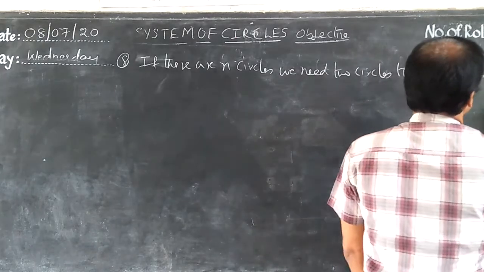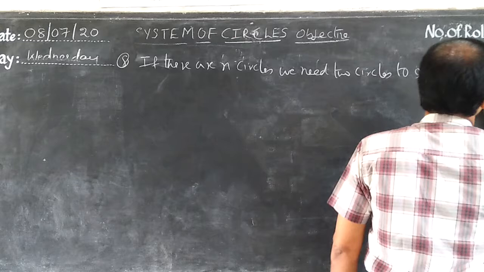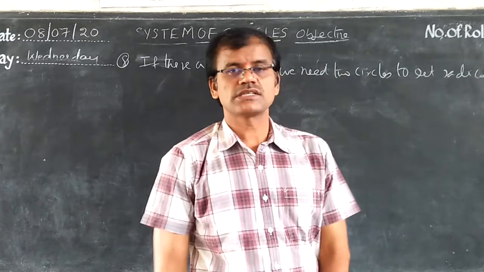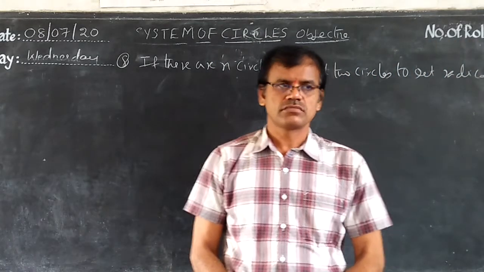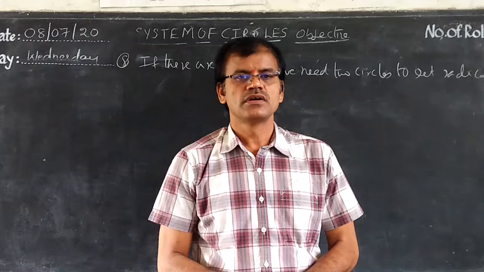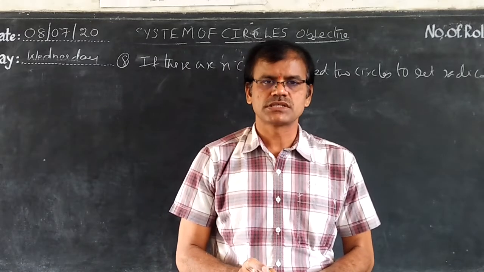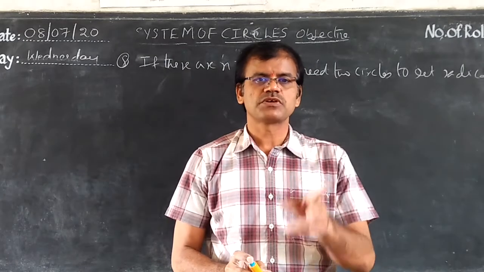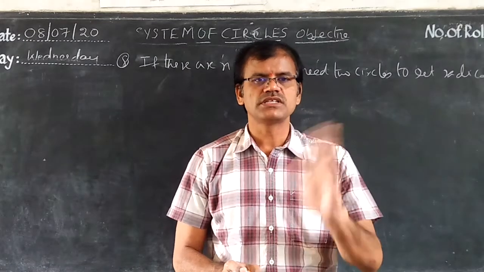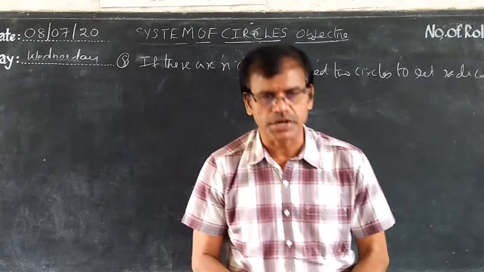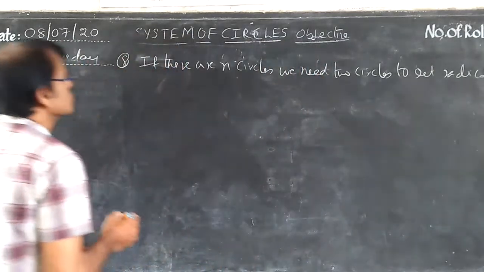Because, as I said in the class day before yesterday, the definition of radical axis is the locus of points whose powers with respect to two circles are equal, whether it is inside or outside of the two circles.